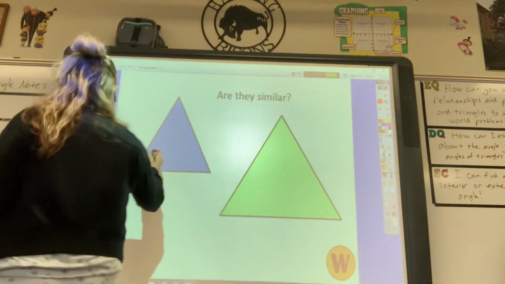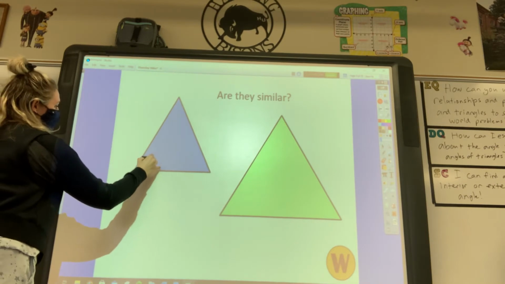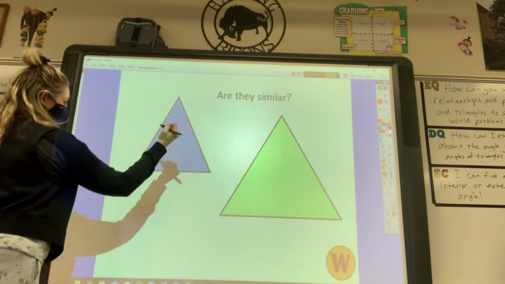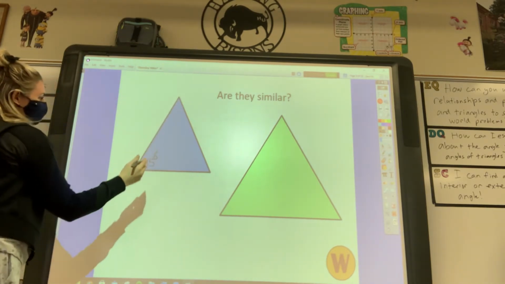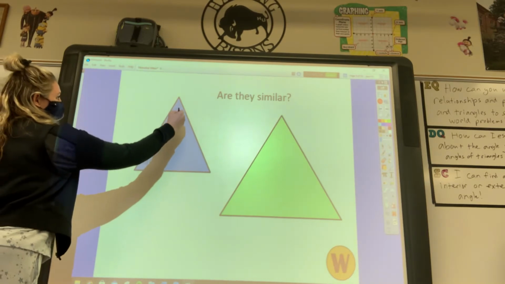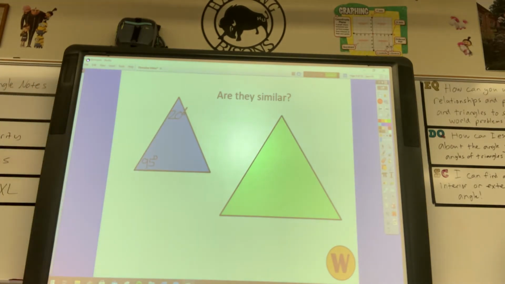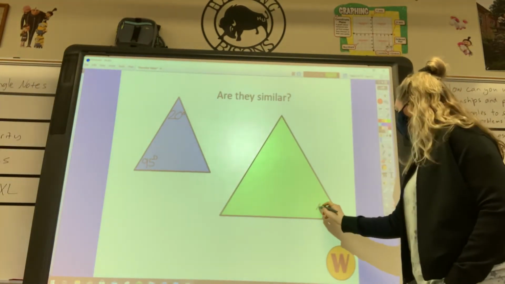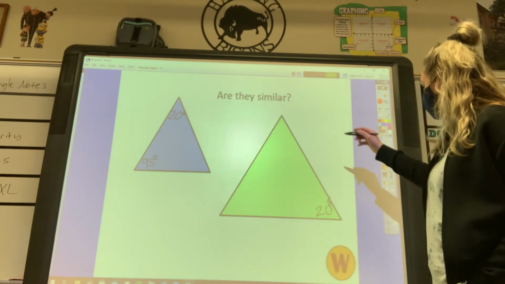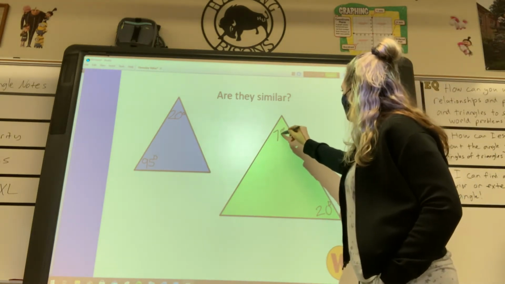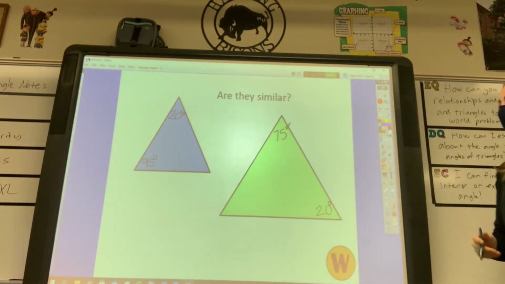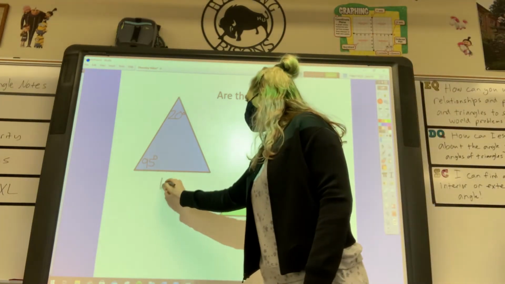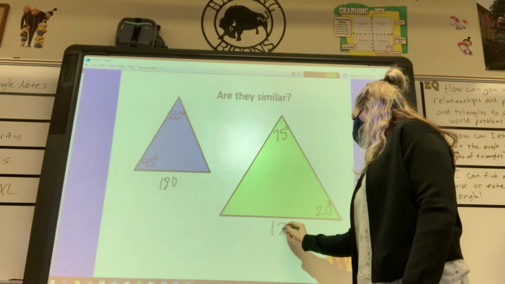And if we were to say that this one were 95 degrees, and we had another angle that was 20 degrees, and on the other triangle we have a 20-degree angle, and then we have something like 75 degrees. So with the insides of these triangles, we know that in order for them to be triangles, the total has to be 180.